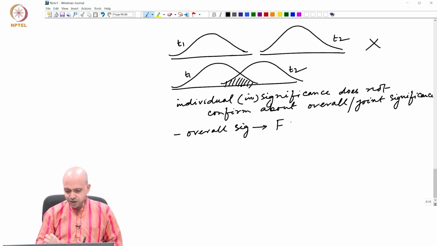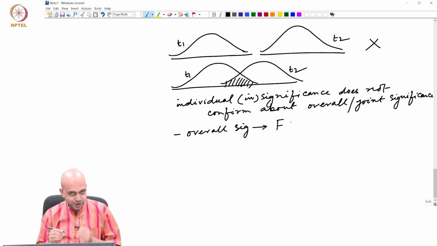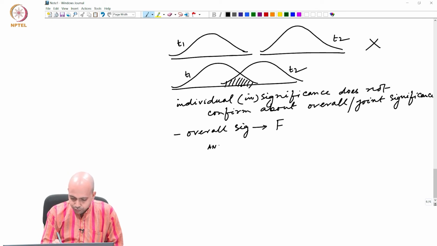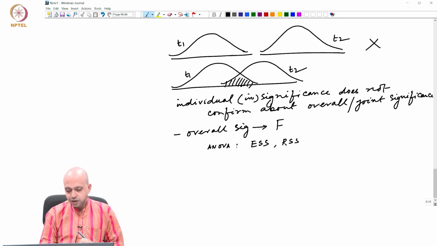And how is this F statistic defined? If you estimate the model, from our ANOVA table we get ESS and RSS.